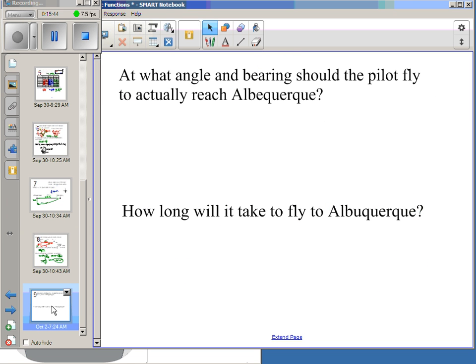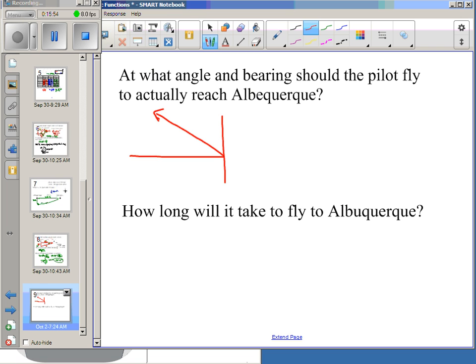Okay. At what angle and bearing should the pilot fly to actually reach Albuquerque? So here we're talking about they want to fly in this direction. Okay? And they are going to go in this direction at 250t. And our wind is still going to be blowing at 20t in that direction. And that's a horribly not to scale drawing, but I think it does the job.